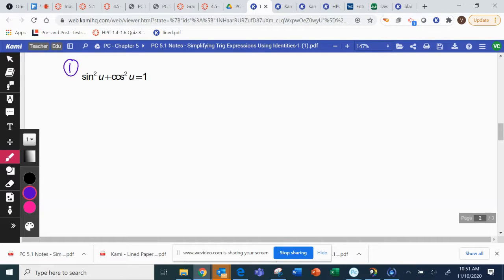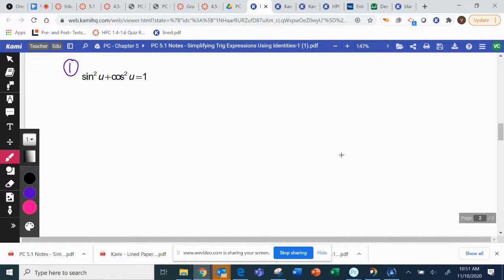So I have an equation and I'm going to show you how I can take this equation and just move stuff around and get another identity that looks different but is also an identity.